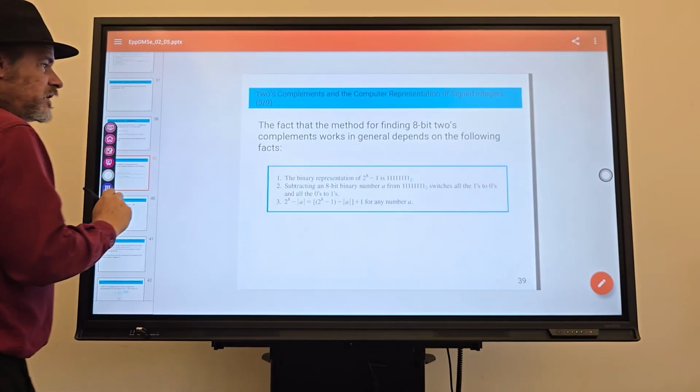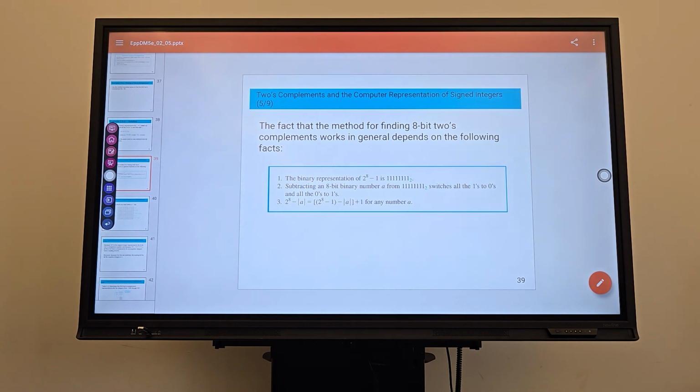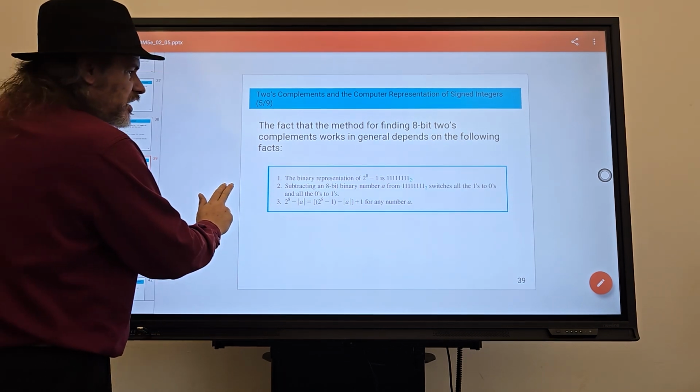Now, the nice thing about this is you can add that number to another number, and it's the equivalent of subtracting, in this case 46, from the other number. Because, like I said, subtraction is just adding a negative number. So it works out.